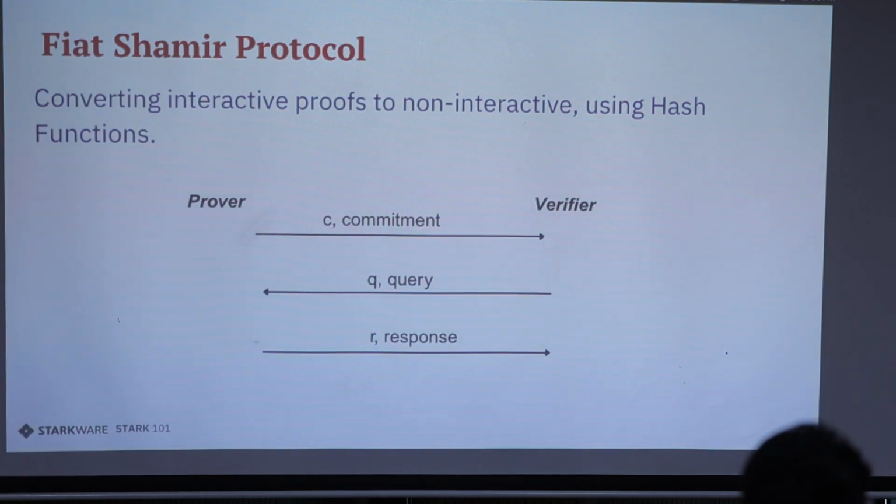Yeah, very close. So can you tell me where the security is coming from in this protocol? The security comes from the fact that the verifier is giving the query. So the query is completely random to the prover. So is there a way we can simulate that sort of randomness using a hash function?